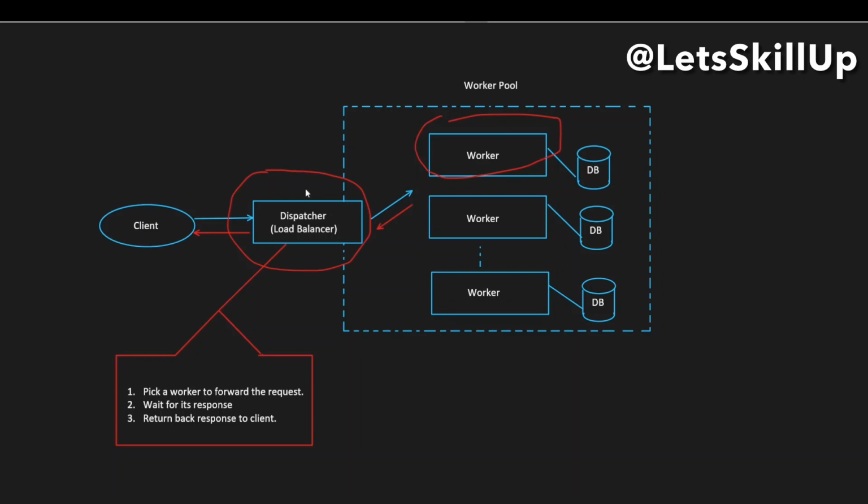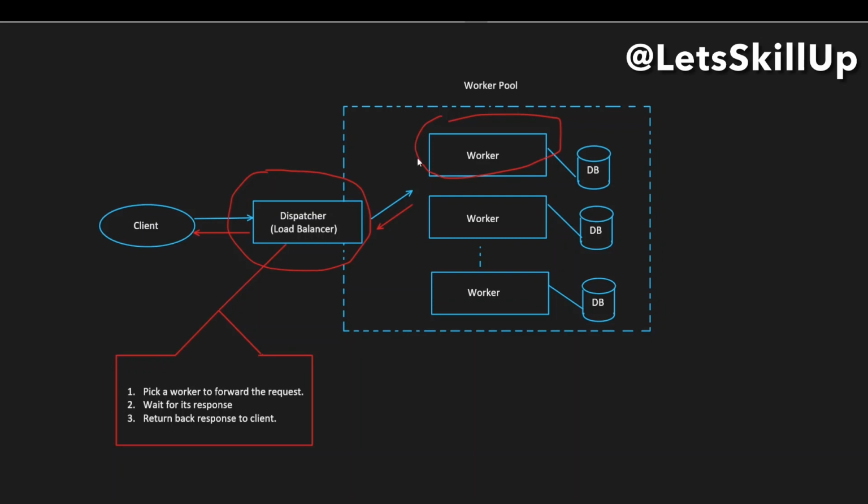How requests are distributed among these workers depends upon load balancing algorithm you can use. It can be simple round robin where, let's say, if you have three servers, first request will go to first server, second request will go to second server, third request will go to third server, fourth request will go to first server.